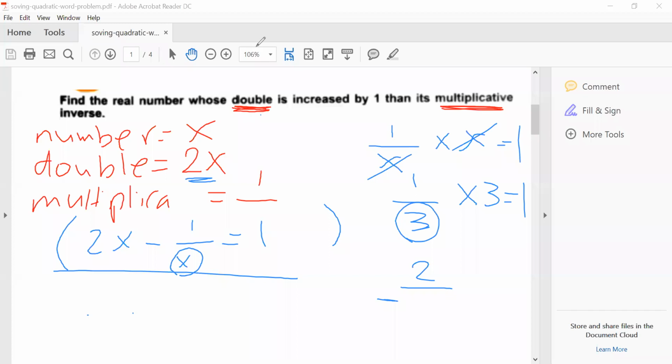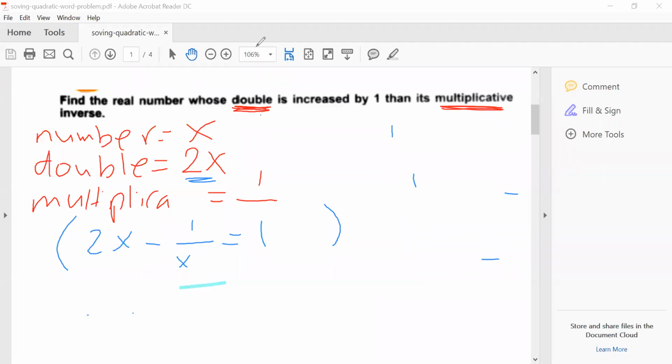If I have 2 over 5 and want to remove the 5, I multiply by 5, and it will be 2. So the whole equation here will be multiplied by x.